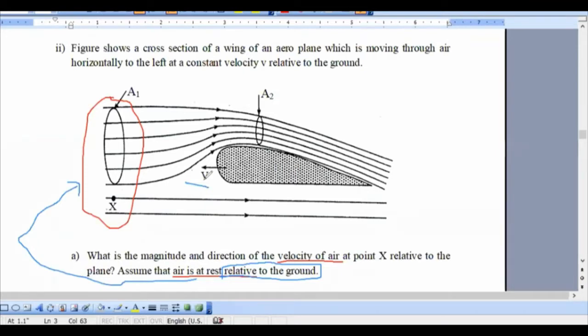We are, sir. Yeah, you are moving, but how do you feel? You feel that air particles are moving. So the same thing will happen here. Another example is, let's say you travel in a bus or car or a van. Then you will see that coconut trees are moving towards you. Who has experienced it?